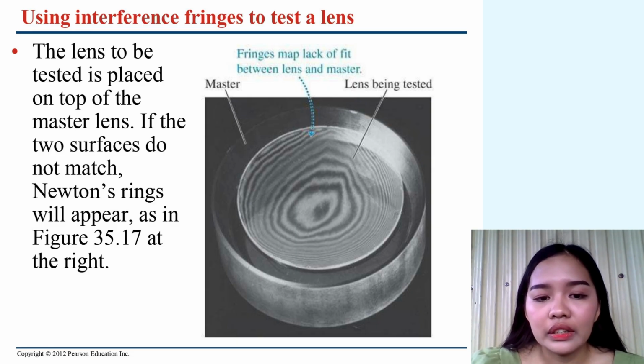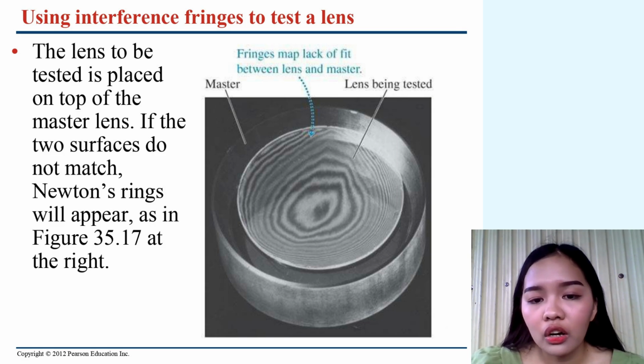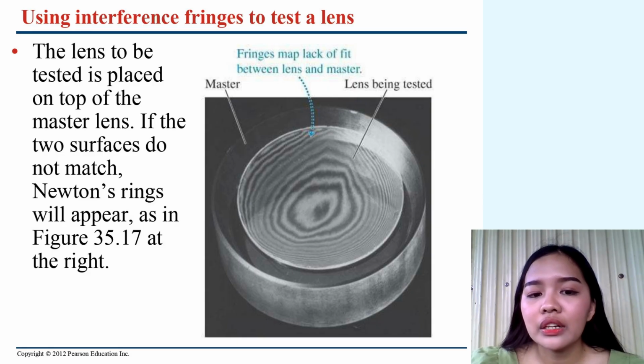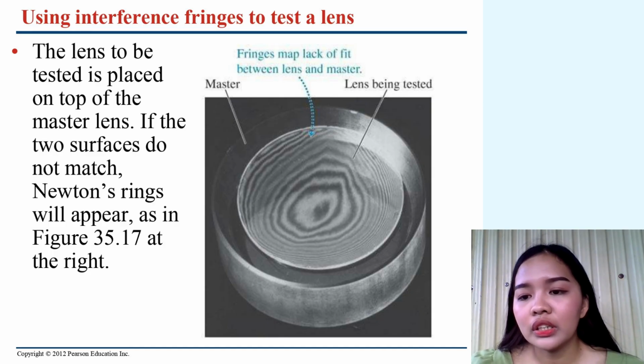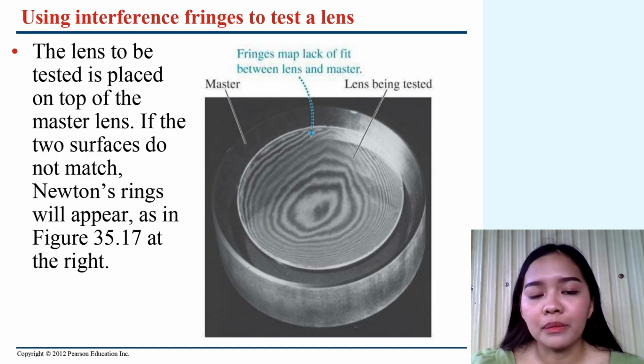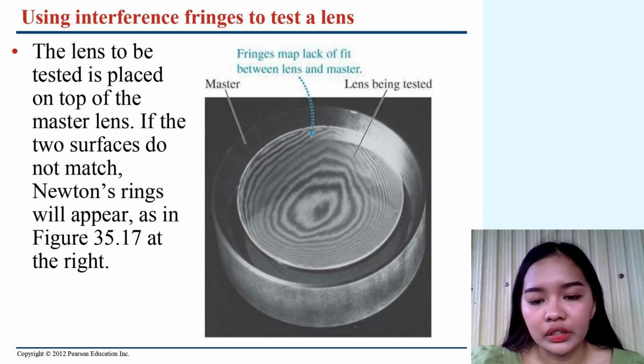If your lens is slightly wrong, the gap changes thickness in different places, and you see rings or curves. Each ring represents exactly one wavelength difference in height. So you can measure errors smaller than a millionth of a meter just by looking at the pattern.